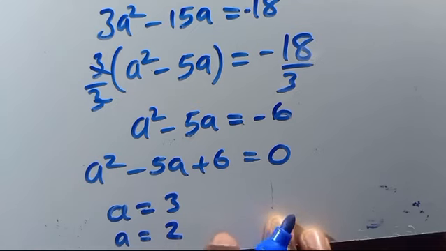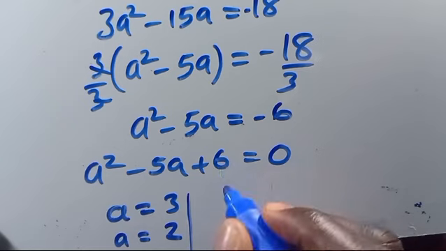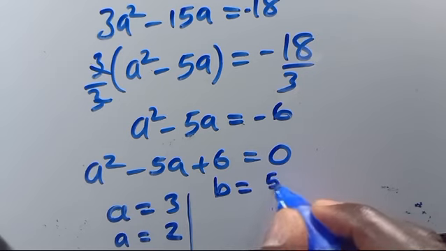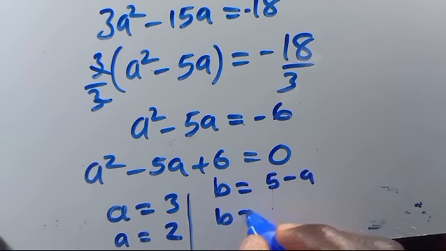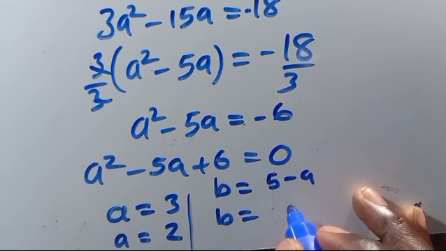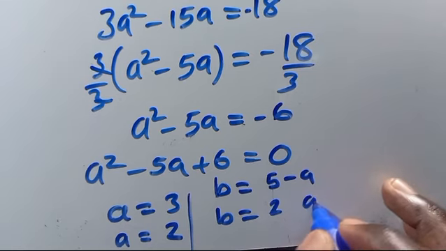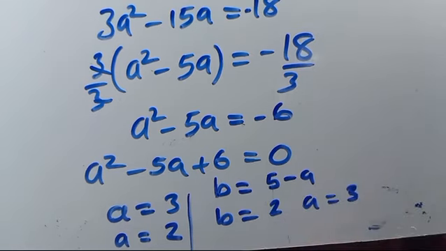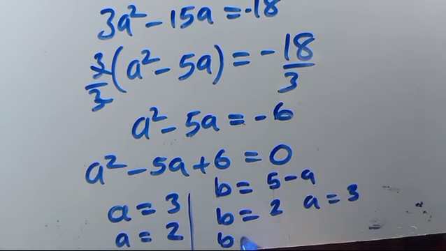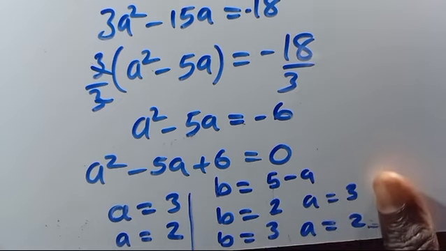So now, let us recall that we have b to be 5 minus a, so b will be equals 5 minus a. When a equals 3, this will be 2. Then b will be equals 3 when a equals 2.